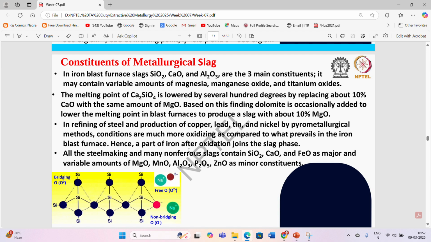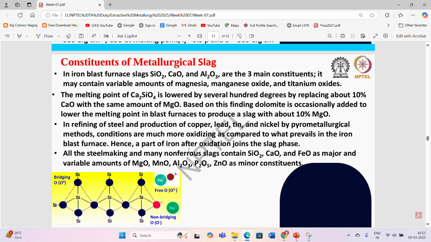For example, when we are talking about blast furnace operations, we are trying to get the iron in the molten metal state, while when we are talking about the production of copper, lead, and tin via pyrometallurgical processes, we are trying to incorporate iron inside the slag phase. So we have to create the atmosphere according to that only.